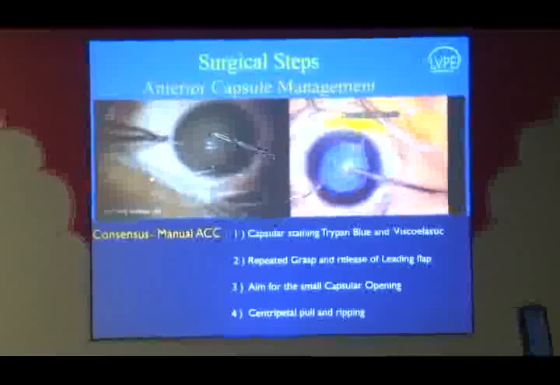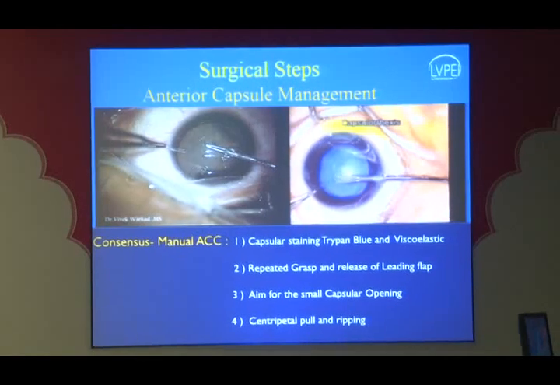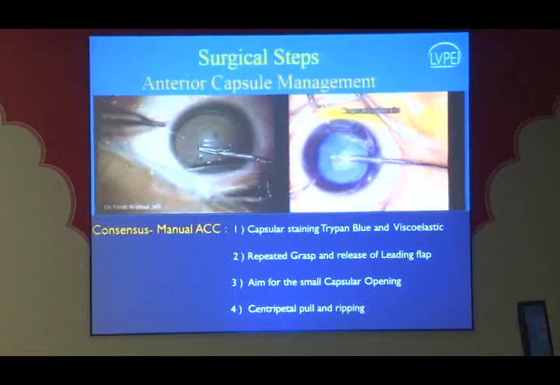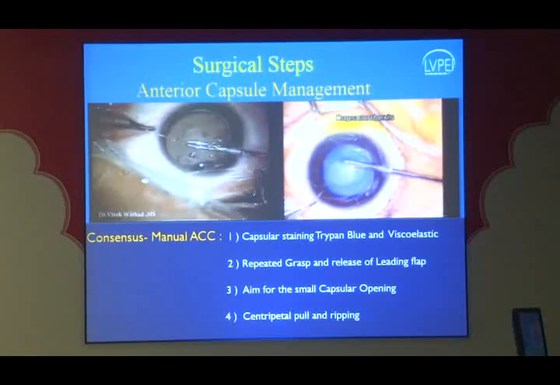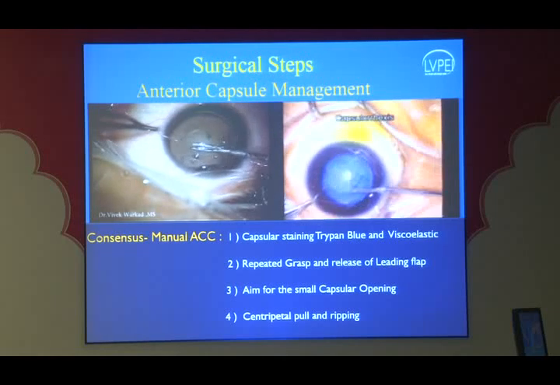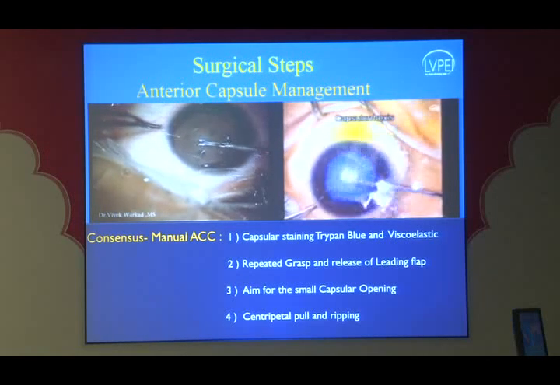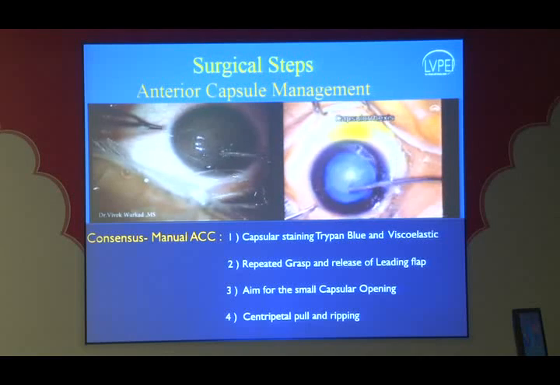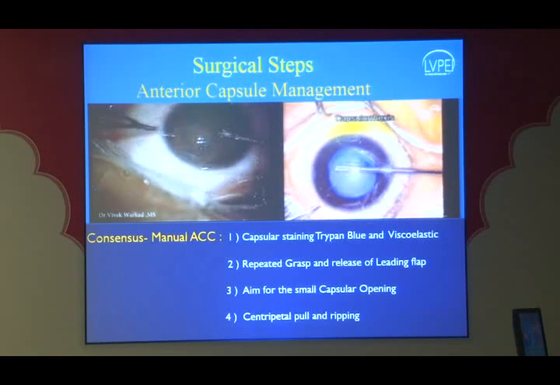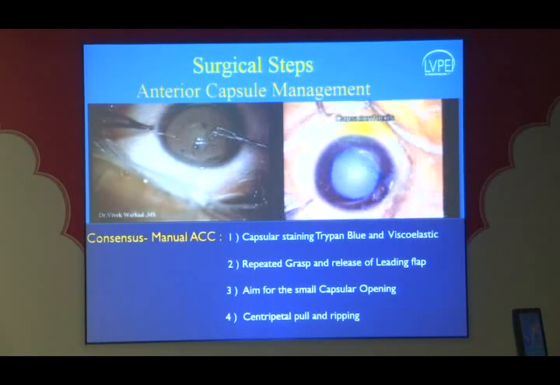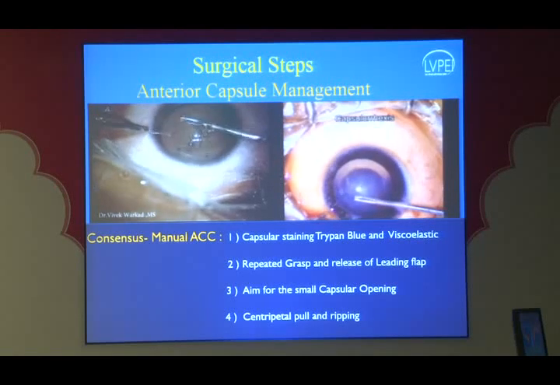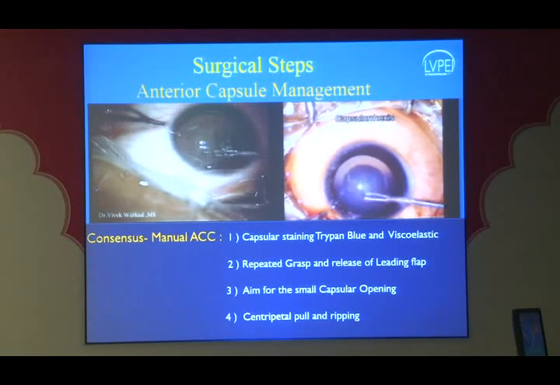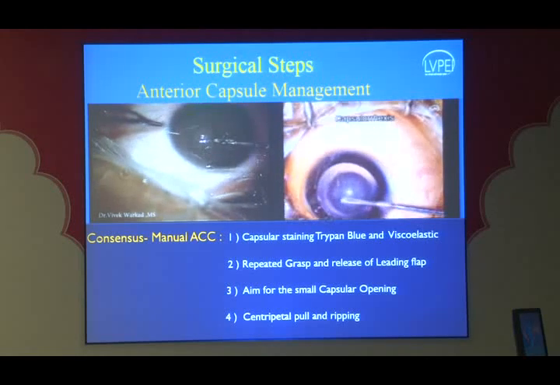So what are the precautions that we need to take is that you have to stain the anterior capsule with trypan blue and give a high molecular weight viscoelastic, or depending upon the comfort of the operating surgeon. Once you give the nick onto the anterior capsule, then you have to use the pediatric capsulorhexis forceps, and you have to repeatedly grasp the leading edge.